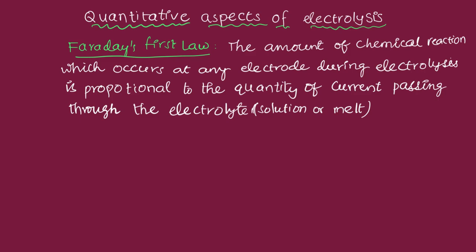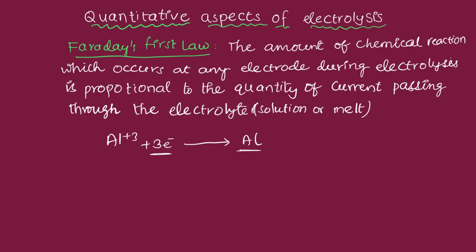For example, aluminium: Al³⁺ plus 3 electrons is converted into Al. Now, 3 moles of electrons deposit 1 mole of aluminium.